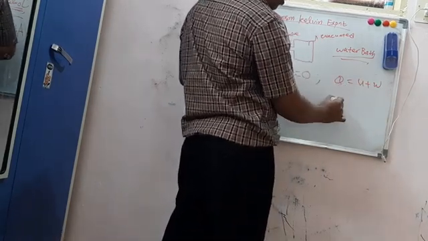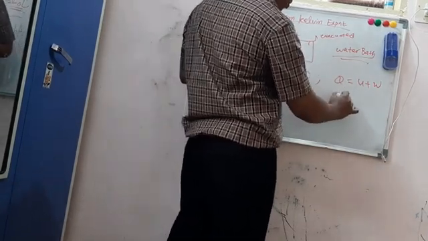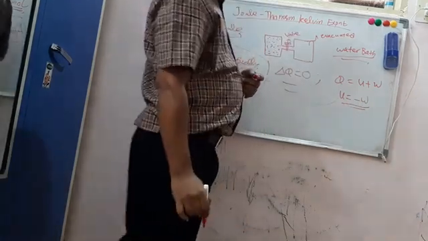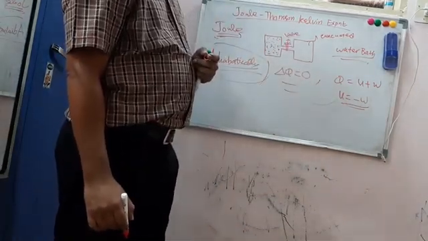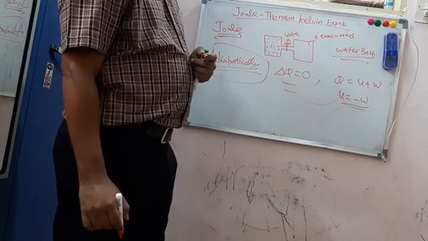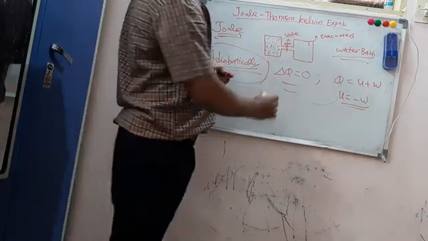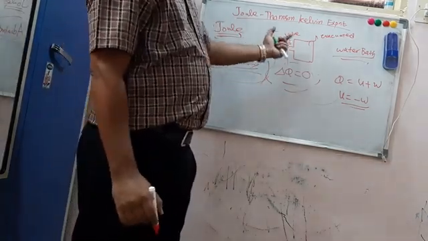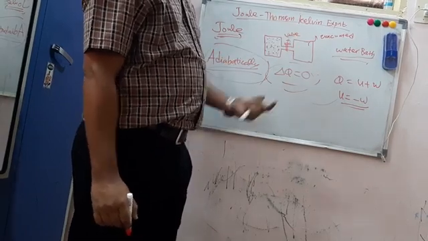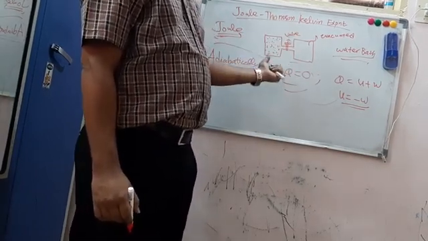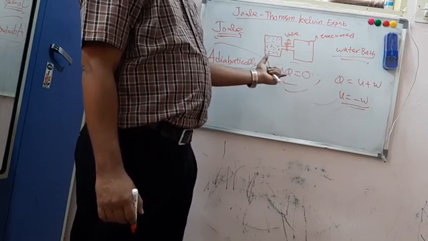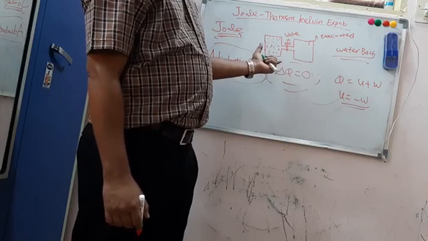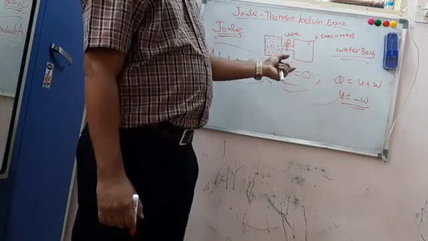Here Q equals 0. So when a gas is allowed to expand adiabatically, there is no change of heat. Heat never enters or leaves the system.